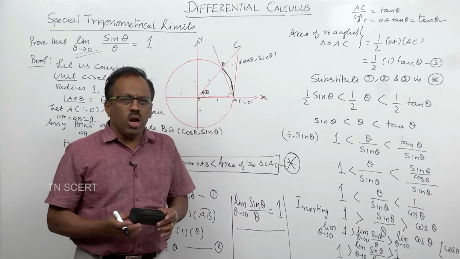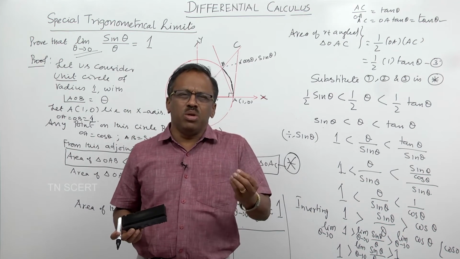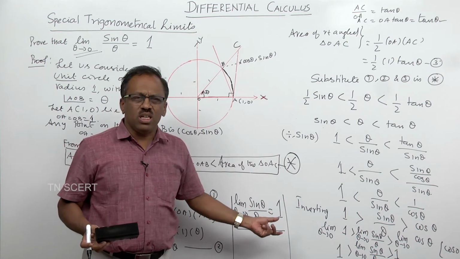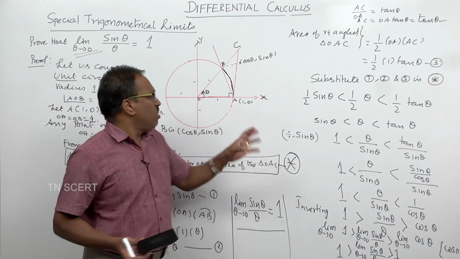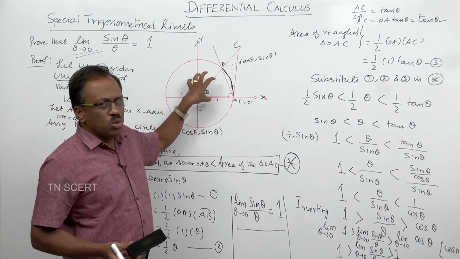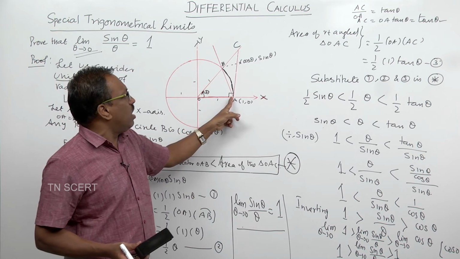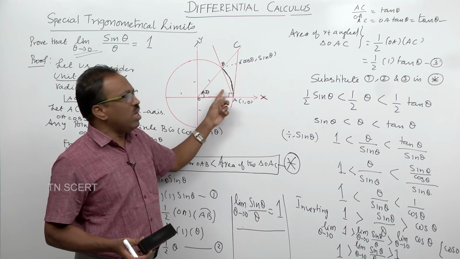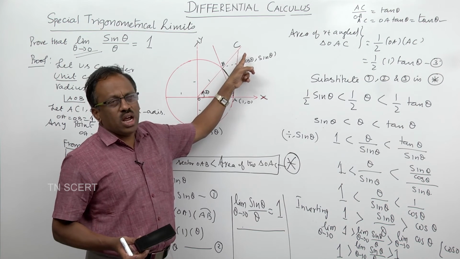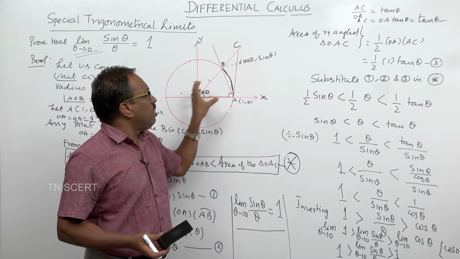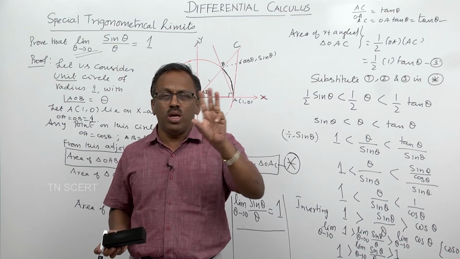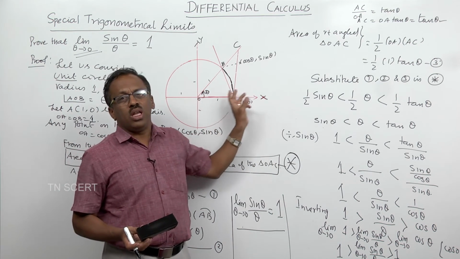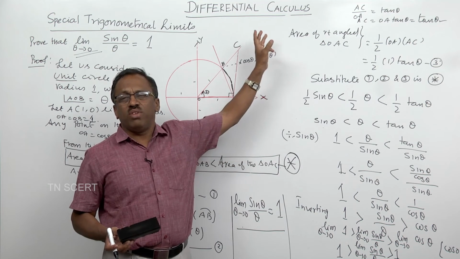Now you should be very comfortable with this result. In the main aspect, draw the diagram taking unit radius, and take AB as one part and AC as another triangle. In this part you must identify 3 different figures: one is a triangle, another is the area of the sector, and another is the area of a triangle.